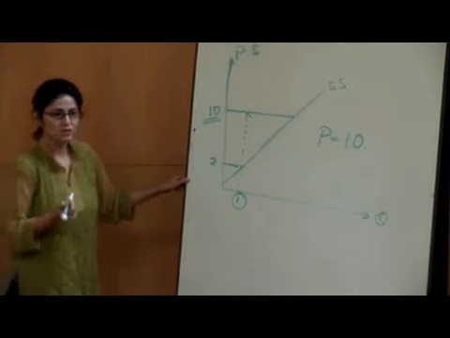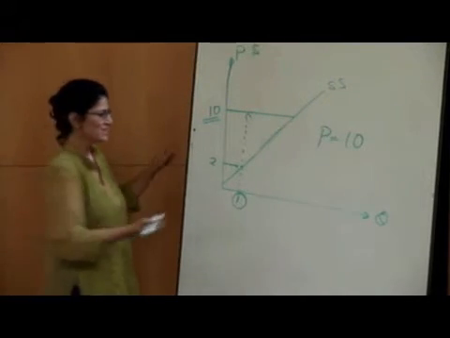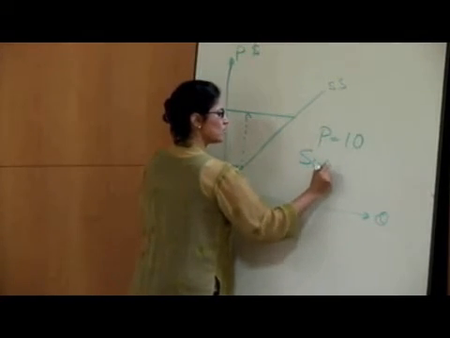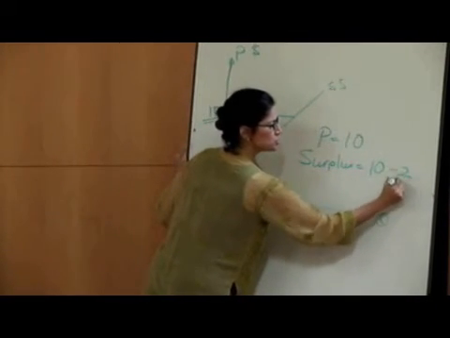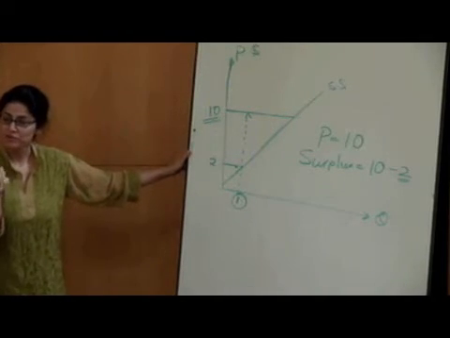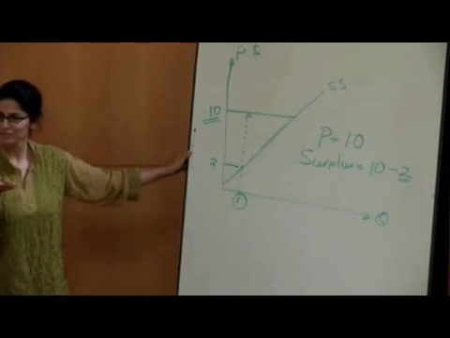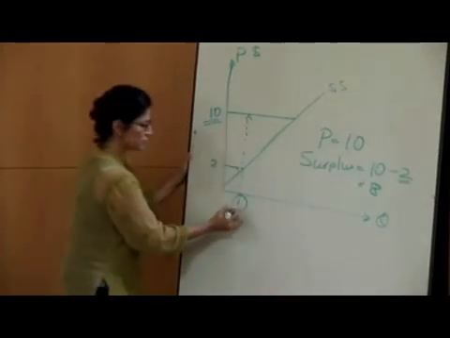The minimum price he was willing to sell the good at was $2, right? So what is his surplus? Well, his surplus is 10 that he gets minus 2, because $2 is the minimum price of the good that he gives to you, right? So he's losing that because he's giving you the good. So the producer's surplus for that first unit is $8.